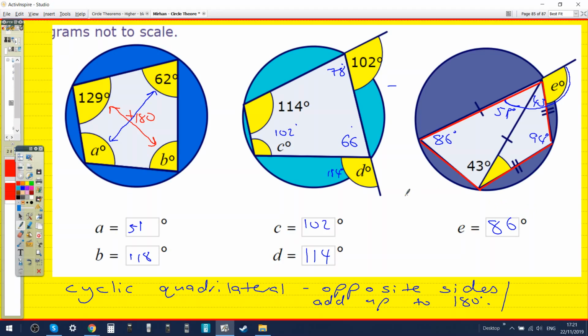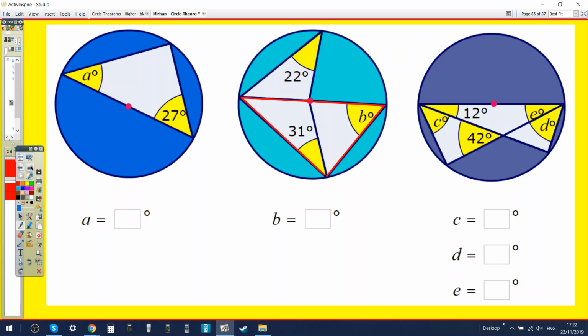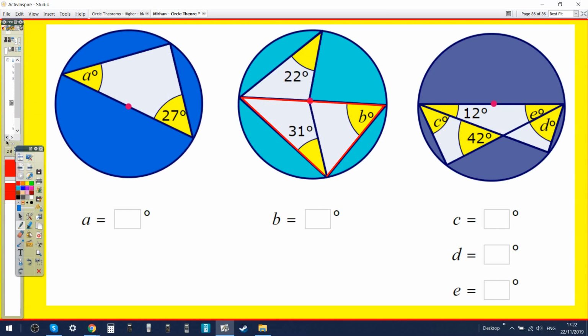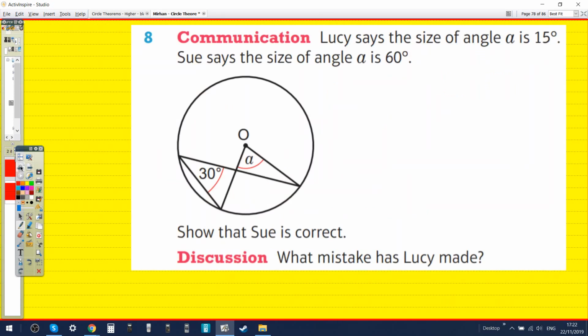Okay, and so what you'll see with circle theorems a lot is there's no formula. Just keep filling in the blanks until you reach what you need to reach. Any questions there? No. Okay. That one, that's alright, and we'll come back to it. But I think we have enough.